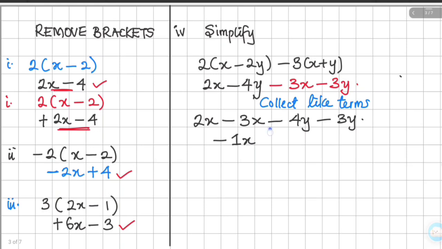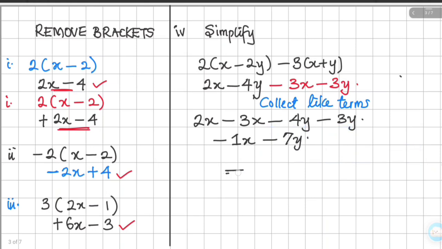And lastly, minus 4y minus 3y. Just take the coefficients, negative 4 and negative 3. Minus 4 minus 3 will be negative 7. So minus 4y minus 3y will be negative 7y.